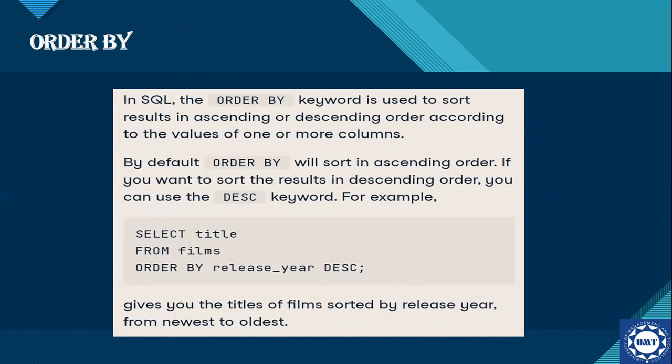By default, order by will sort in ascending order. If you want to sort the results in descending order, you can use the DESC keyword, which is used instead of descending. And the query, as you can see in the example, gives you the titles of films sorted by release year from newest to oldest.